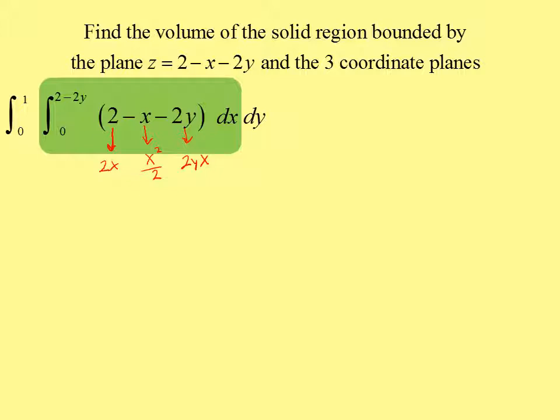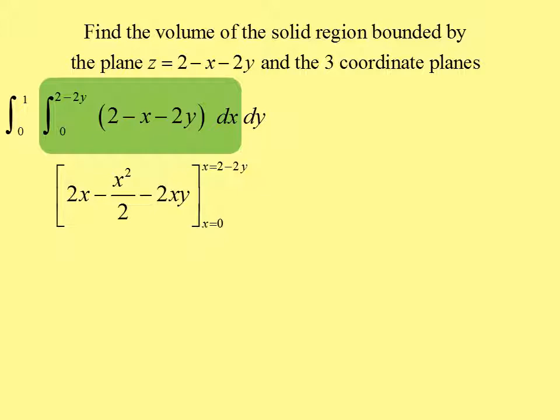So again, we can integrate this by hand. And then we need to plug in, by the fundamental theorem of calculus, the 2 minus 2y for the x, and 0 for the x, and subtract. Then we need to integrate that with respect to y from 0 to 1.